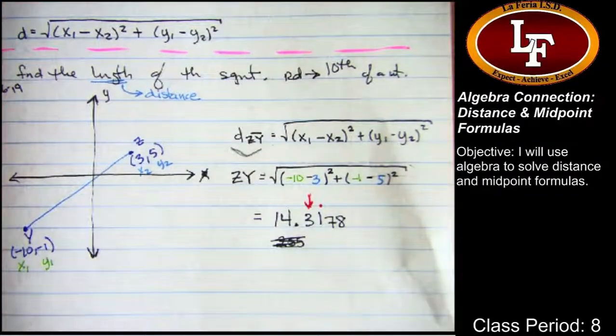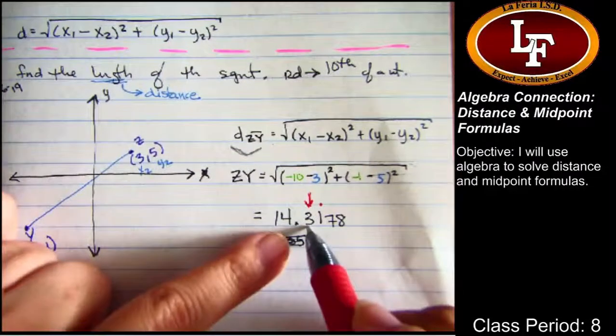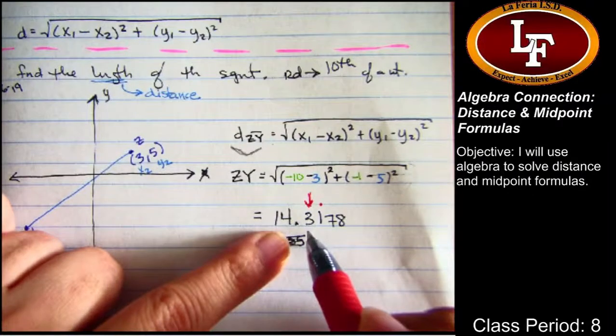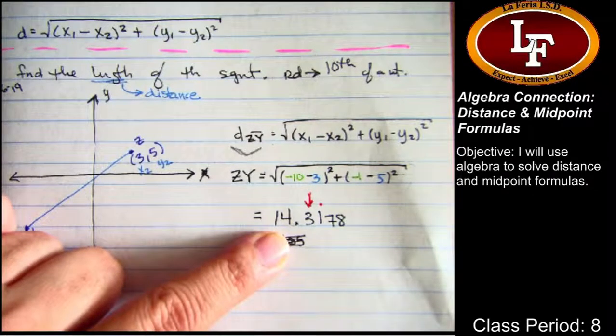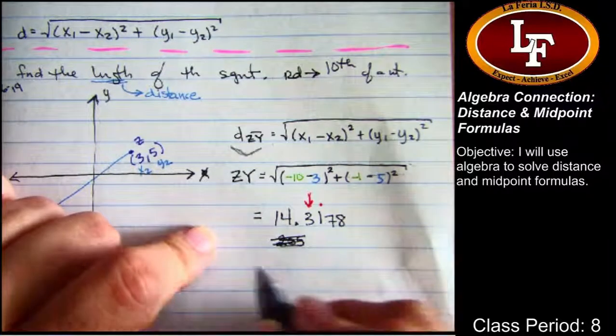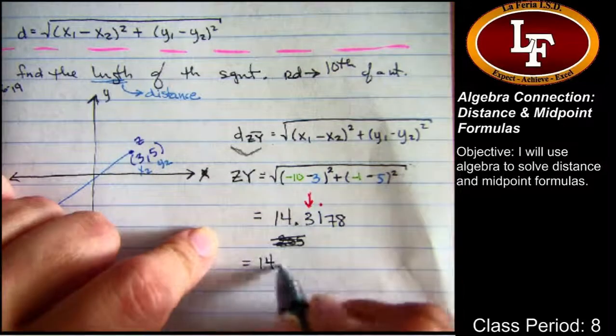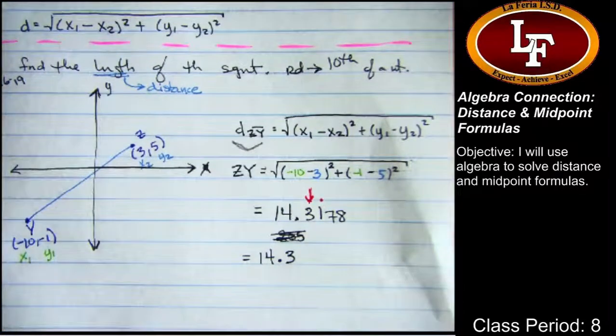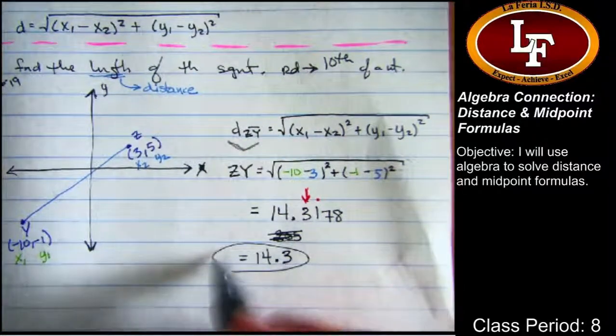Now, this 1, you're going to compare it to 5. Is it less than 5? Yes. Then you're not going to do anything to this number you're rounding to. If it's 5 or more, you're going to do something to it. You're going to add 1. Perfectly said. I'm not, because it's smaller than 5, so this is my distance.